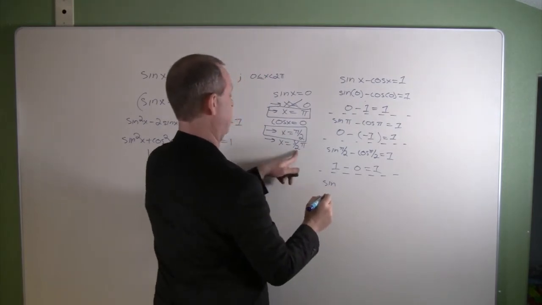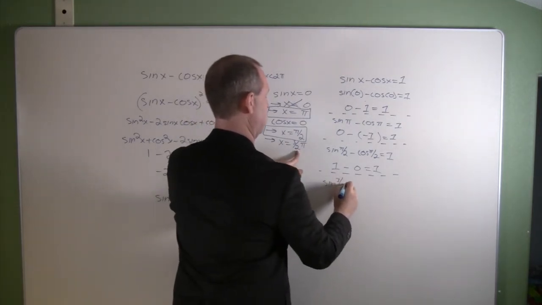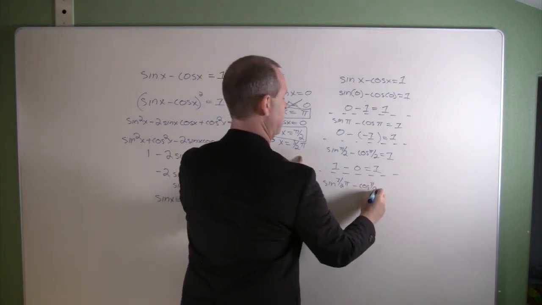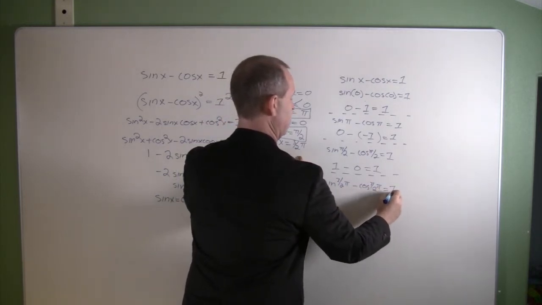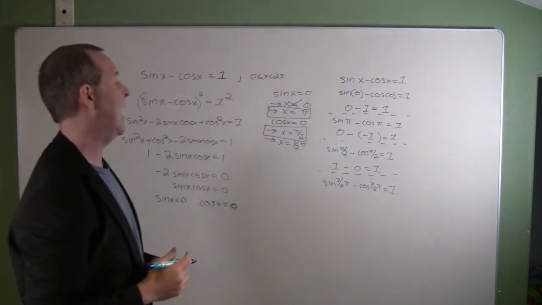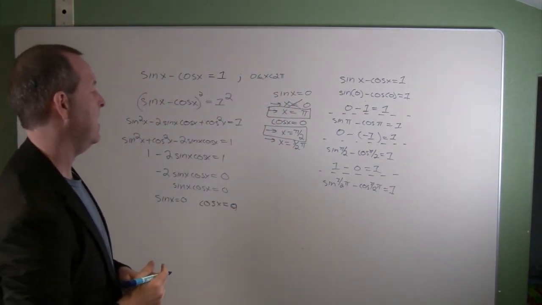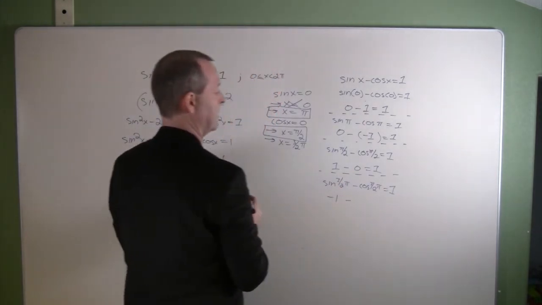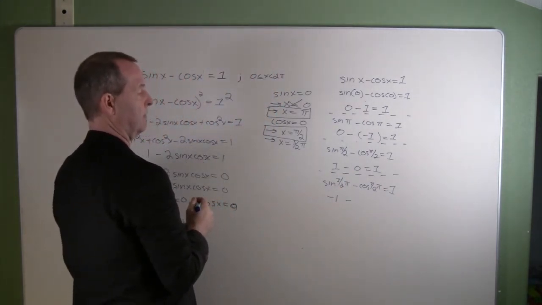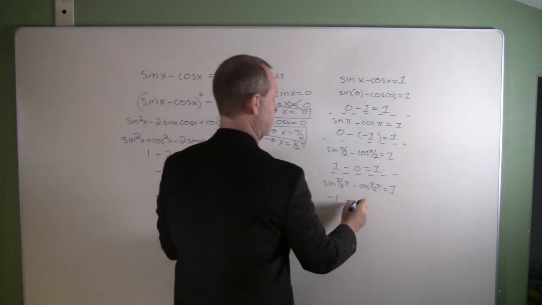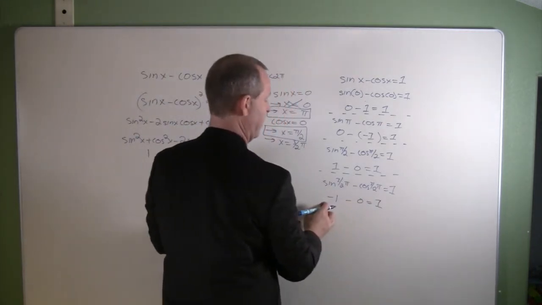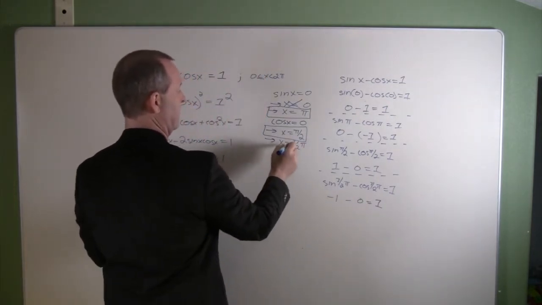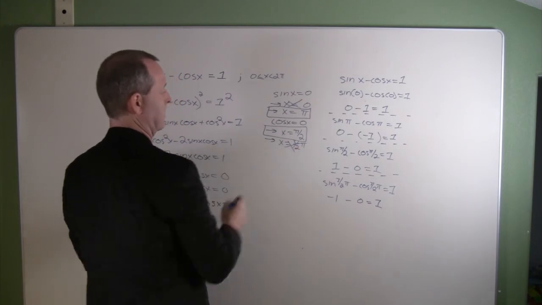Sine of 3/2 pi minus the cosine of 3/2 pi. Does that equal 1? Sine of 3/2 pi was a -1 minus the cosine of 3/2 pi, which was a 0. Negative 1 minus 0 is negative 1. Does -1 equal 1? That is not a solution.